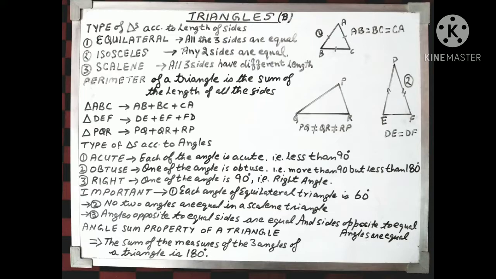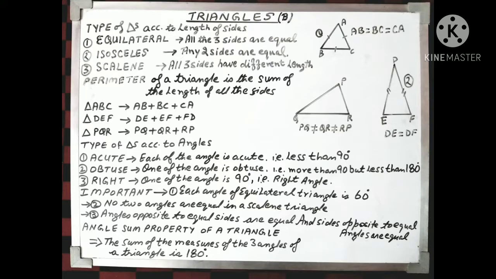Third, angles opposite to equal sides are always equal, and vice versa, sides opposite to equal angles are always equal. You can note down another important point: in an isosceles triangle, two angles are equal.